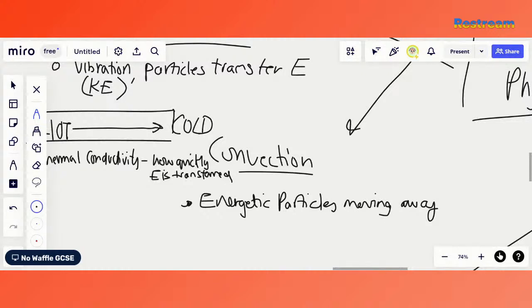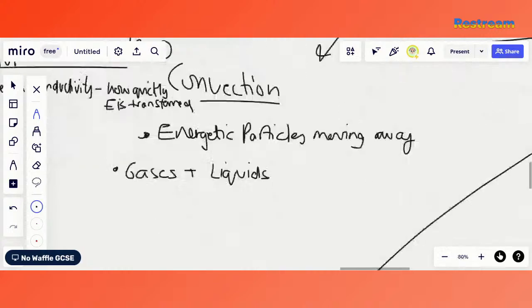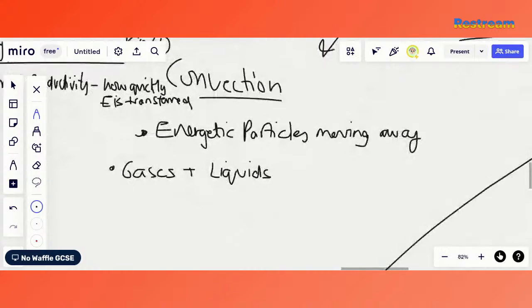It can happen in gases and liquids, so it can happen in fluids. Energy is transferred by heating to the thermal stores of the liquid or gas. Again, this energy is shared across the kinetic energy stores of the gas or liquid's particles.